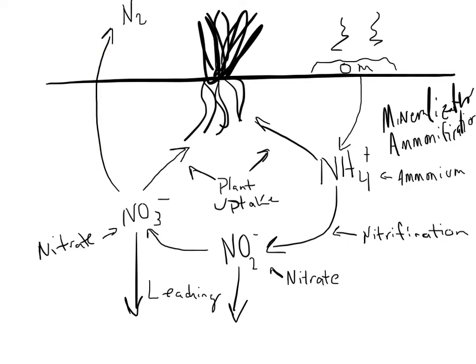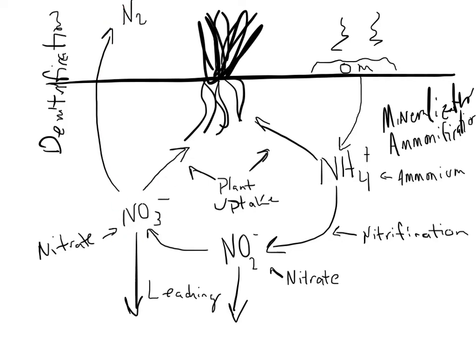That's when that typically happens. This process is what we call denitrification. Okay, denitrification. So we had nitrification over here, and now we have denitrification, moving away from the nitrate form.